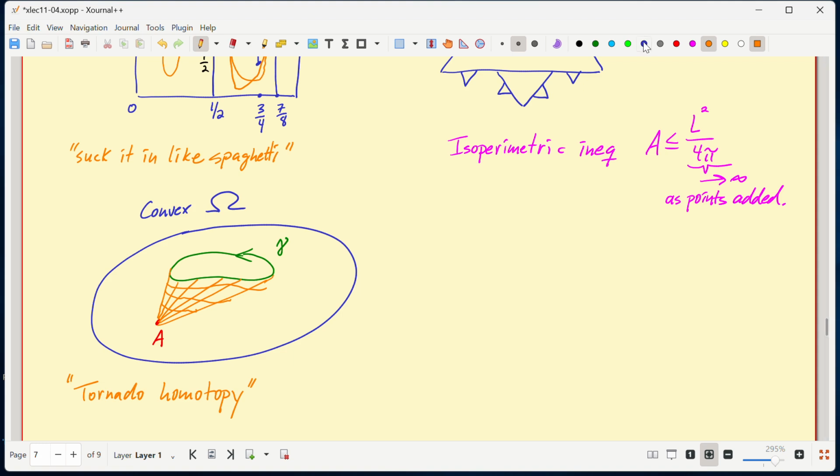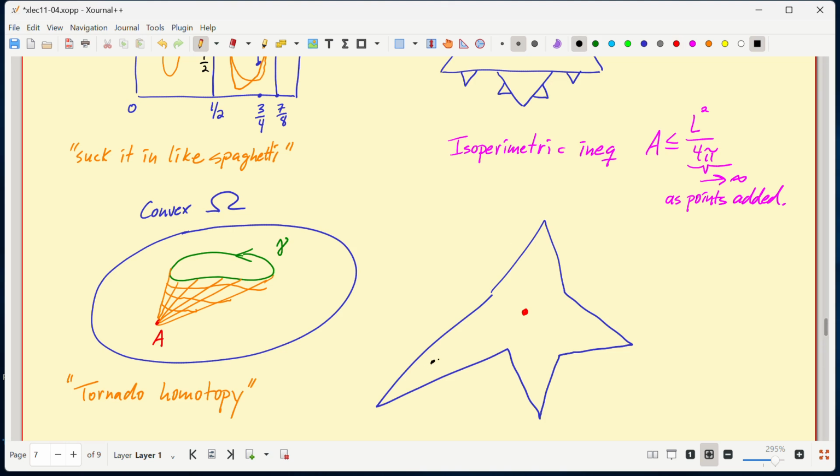Another simply connected kind of domain is a star-shaped domain. So let's see, a star-shaped domain looks like this. There's a point, and pick any old point in here. The line connecting this point to that red one is in the region.